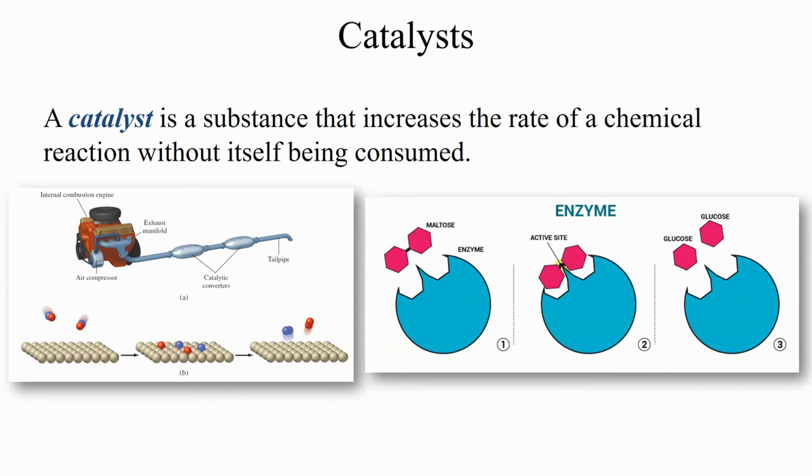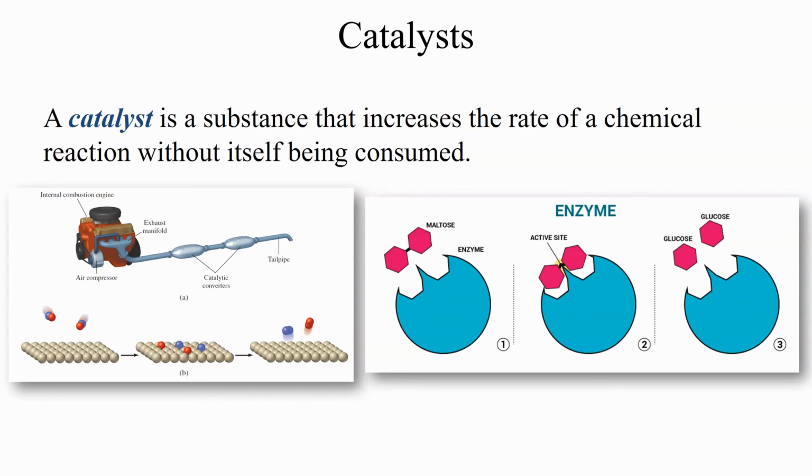A catalytic converter is just semi-precious metals in a certain fashion, and they assist in the reaction of certain pollutants in order to convert them to things such as nitrogen and oxygen. Now, these catalytic converters don't themselves get consumed, which is very nice because they're pretty expensive. It's only when you add certain other compounds, such as lead, that actually damages them. But in the intended reaction, nothing really happens.